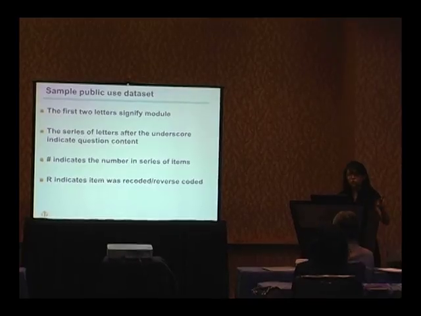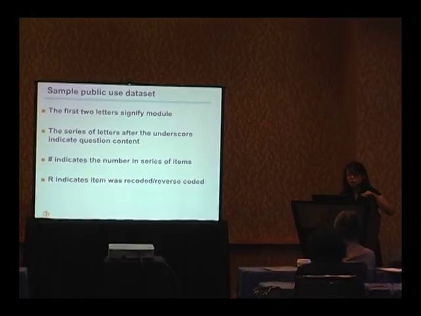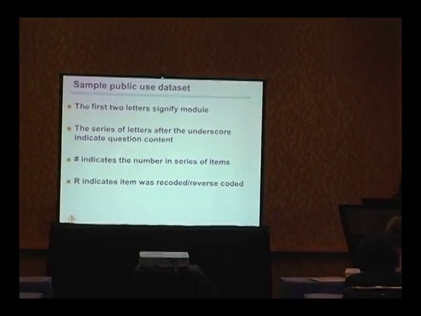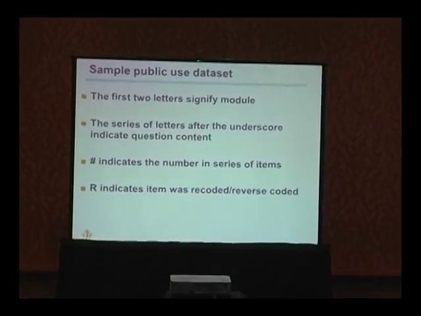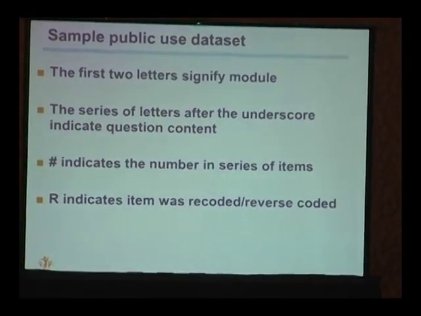Very generally, the first two letters in each variable would indicate the module that's coming from. The series of letters after the underscore indicates the question content. The number indicates the number in the series of items about that construct. And if there's an R at the very end, it indicates whether the item was recoded or reverse coded by us.